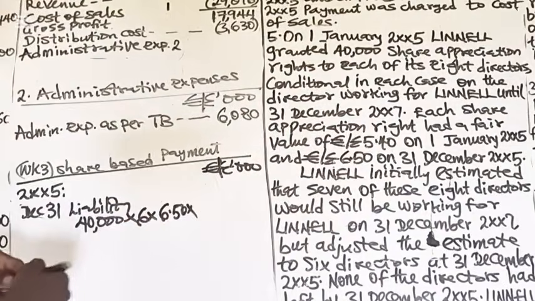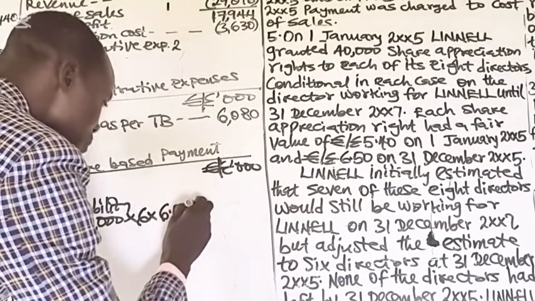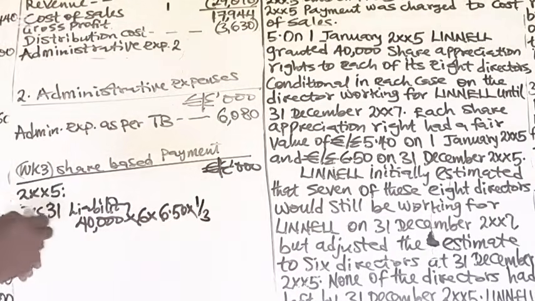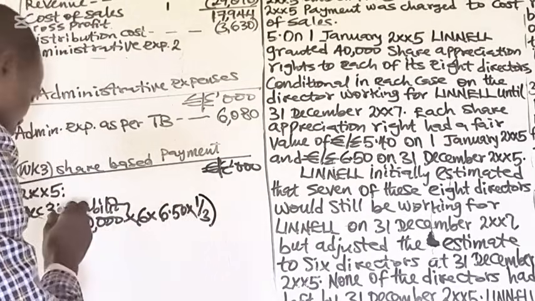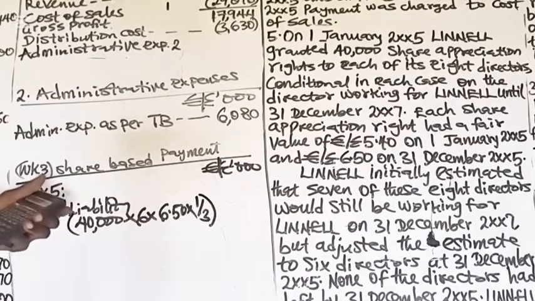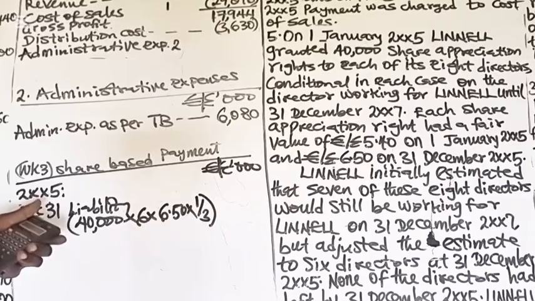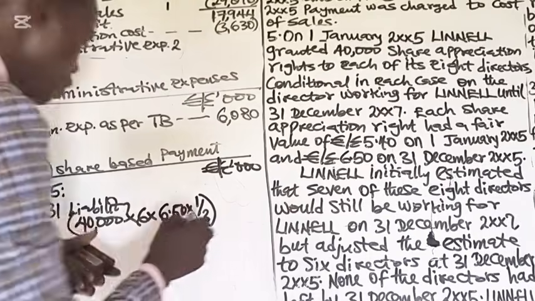So we have 3 years involved, and December 20X5 is the first year under consideration, so we have 1 out of 3 years. 40,000 times 6 times 6.5 divided by 3 gives us 520,000.